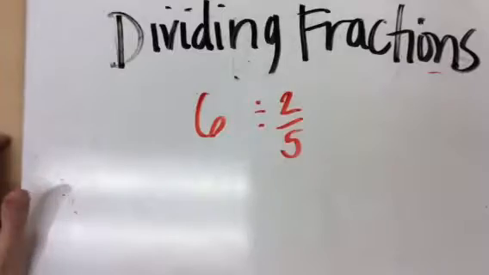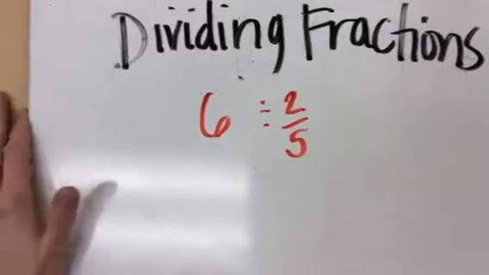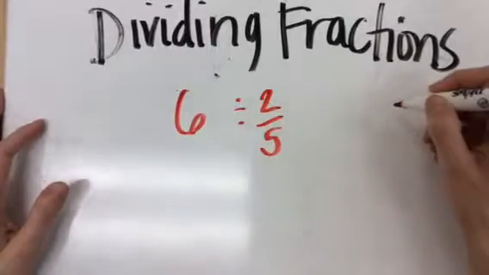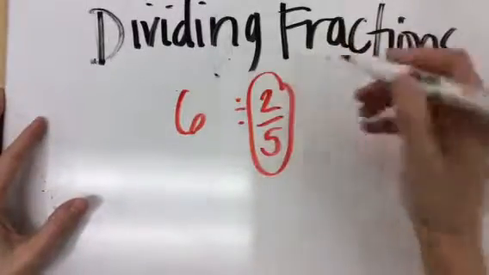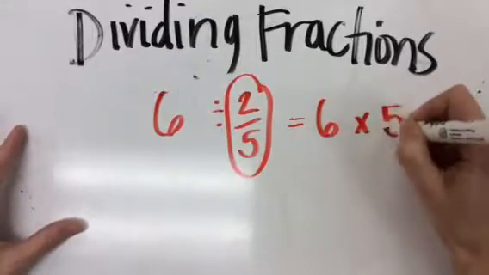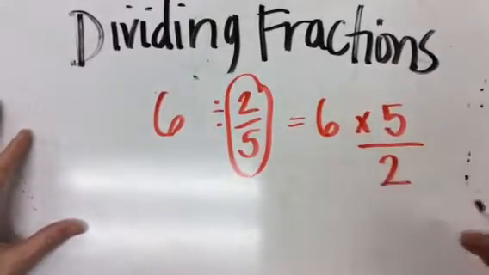So in this case, if I wanted to flip this over, I could say 6 times 5 divided by 2.